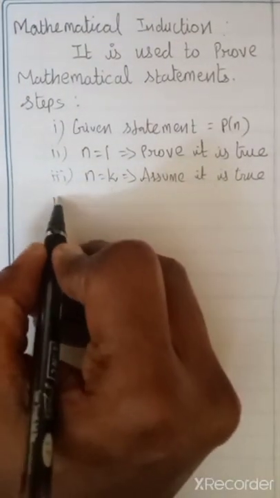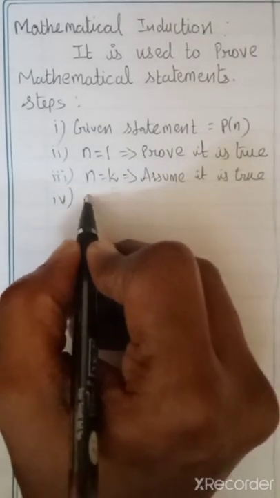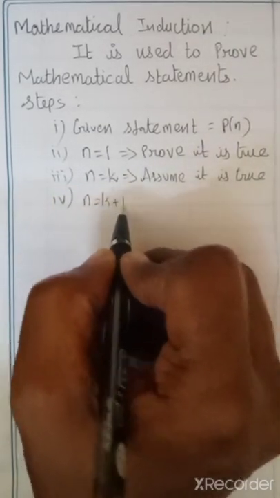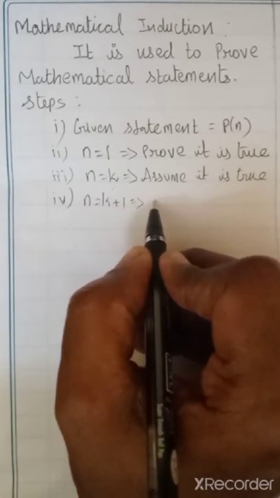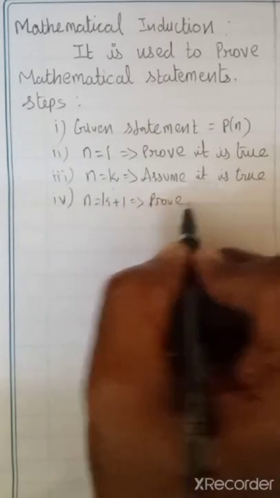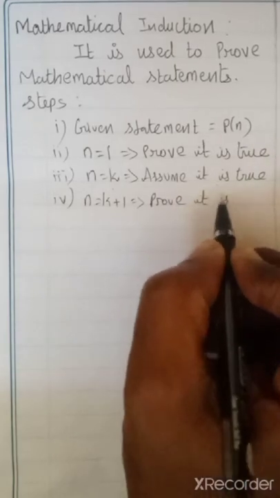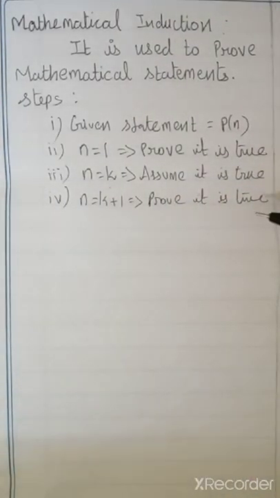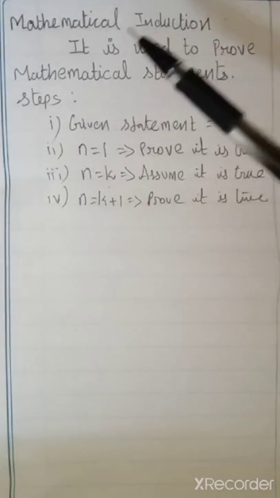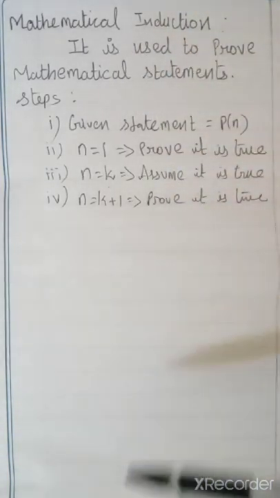And your last step is we have to take n equal to k plus 1 and prove that it is true. If we proceed with these steps, then we can use mathematical induction to prove the statement.